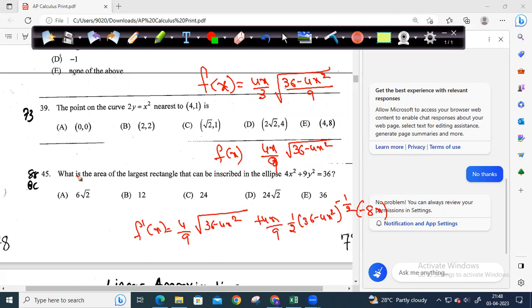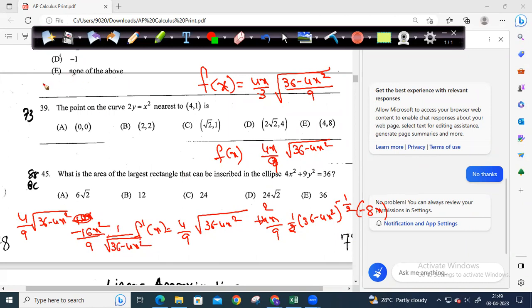So this can be written as 4 by 9 root of 36 minus 4x square plus 4x by 9, this goes 2 times, so minus 16x square by 9 into 1 upon root of 36 minus 4x square.